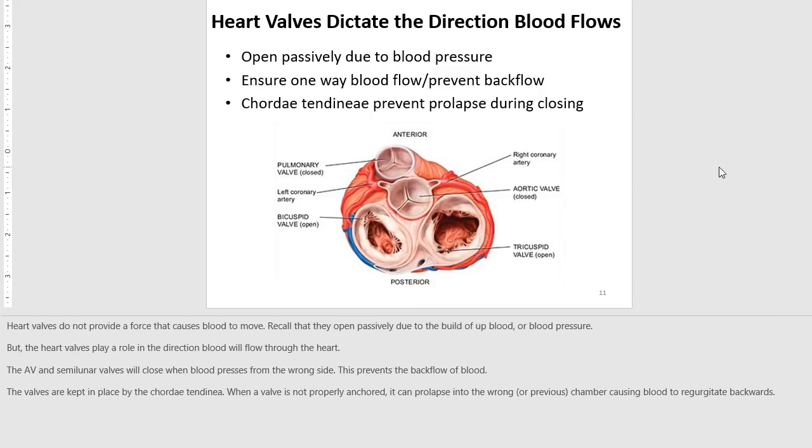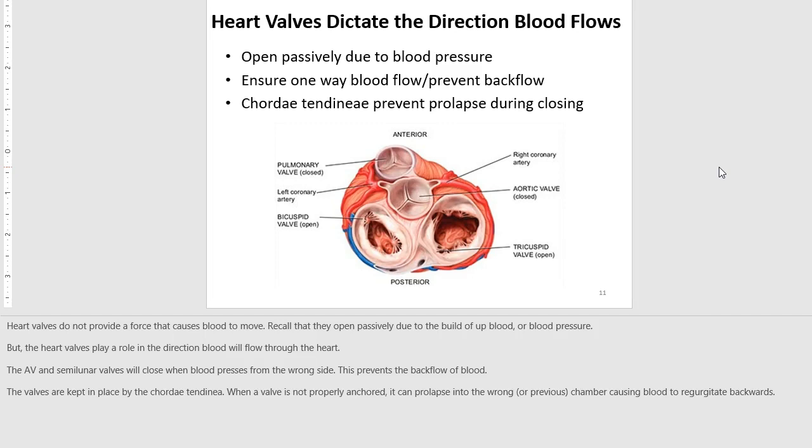So while the chamber contraction causes the force of blood flow, the heart valves really dictate the direction that blood flows. Recall that heart valves open passively due to the buildup of blood, and the AV and semilunar valves close when blood presses from the wrong side.